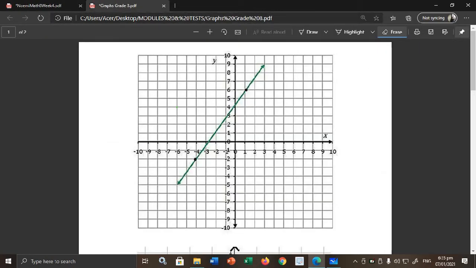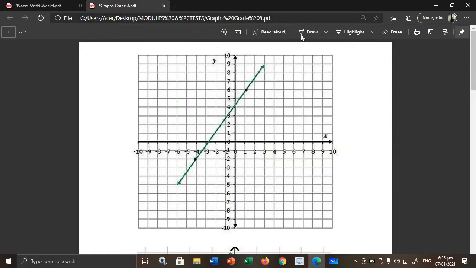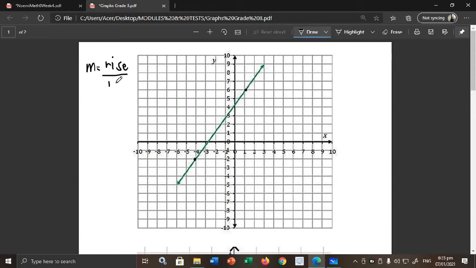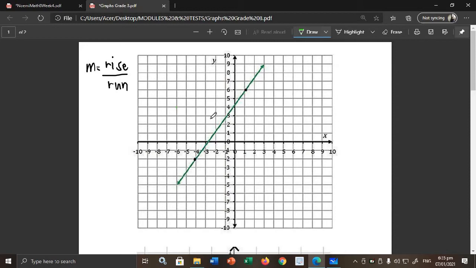So let's take a look at this graph. Now let's say we will solve for its slope using this graph. Using the formula regarding slope, which is rise over run, let's compute for the slope of this example.